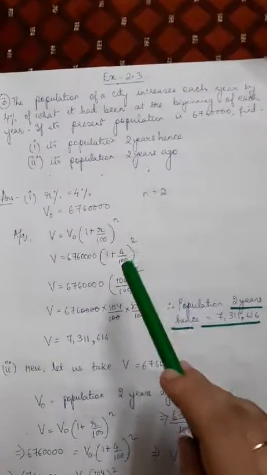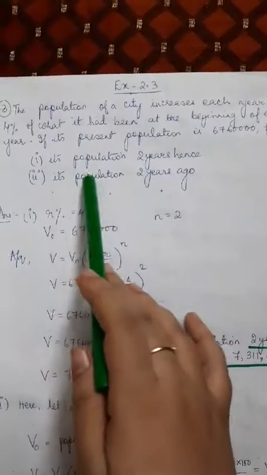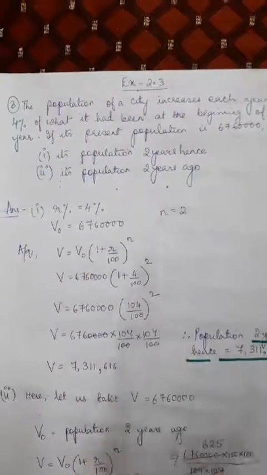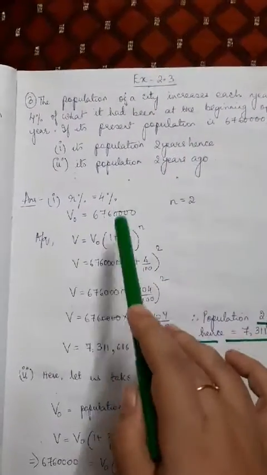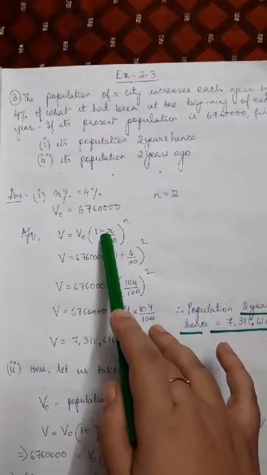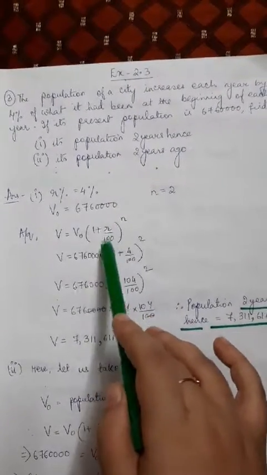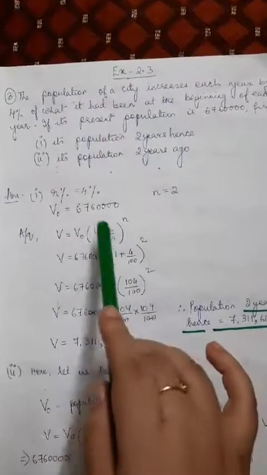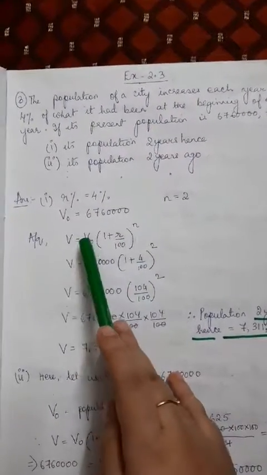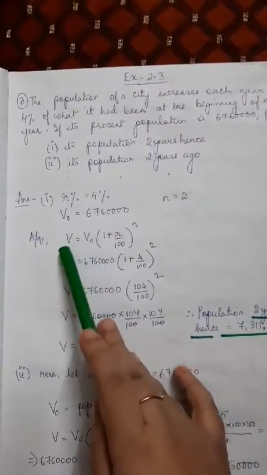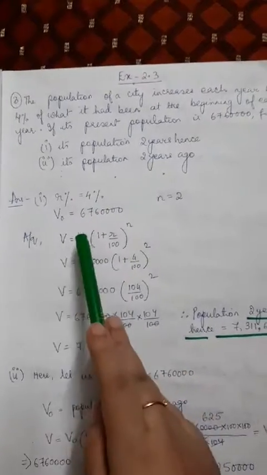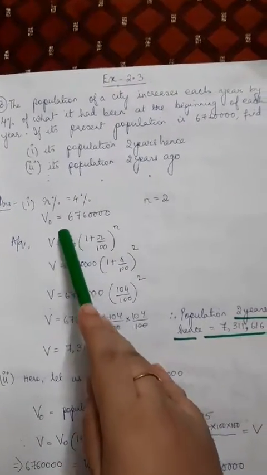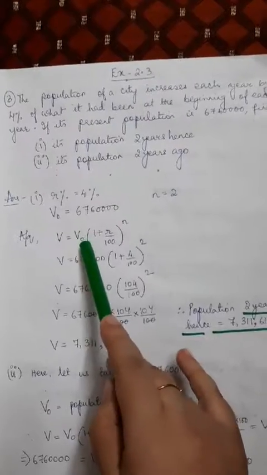So if the present population is this, its population 2 years after or 2 years hence will be this answer. Now, moving on to its population 2 years ago. Now, by the same formula, remember students, a very important thing to note out here, using the same formula, but changing these terms. In this question, V0 was the present population.